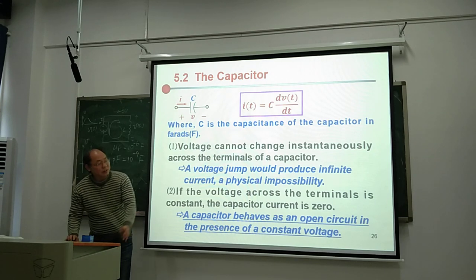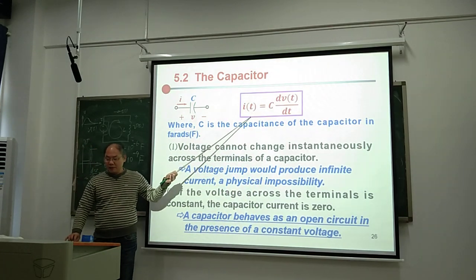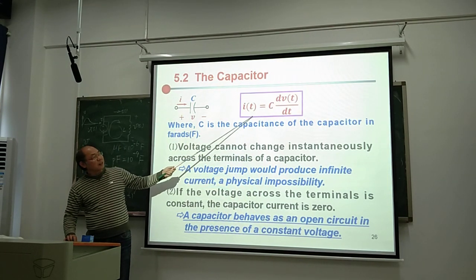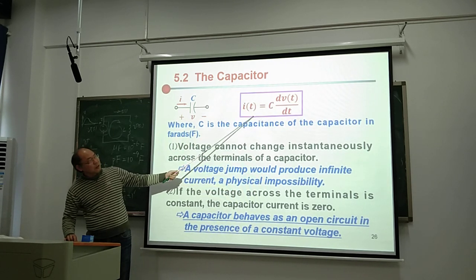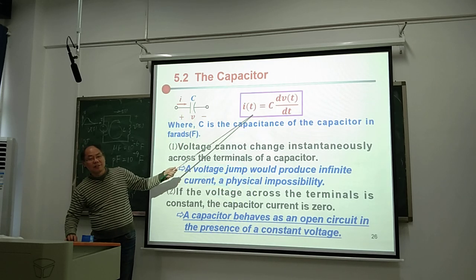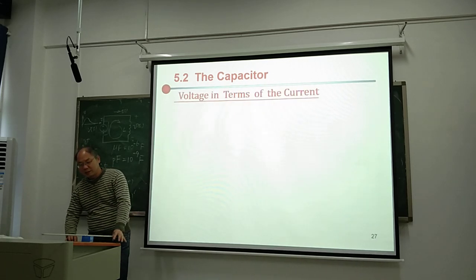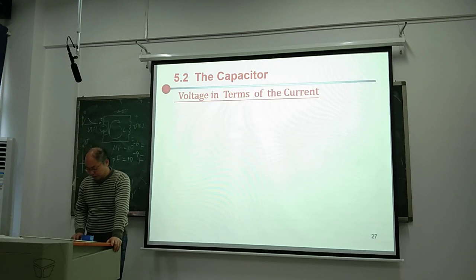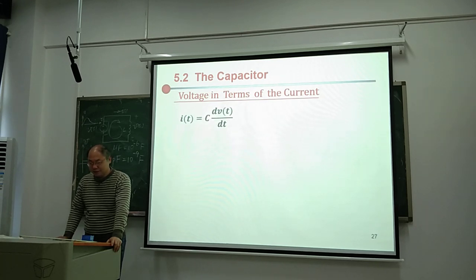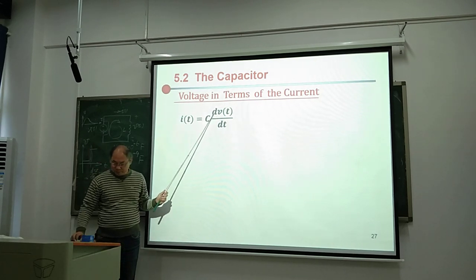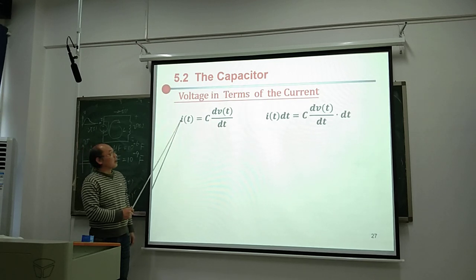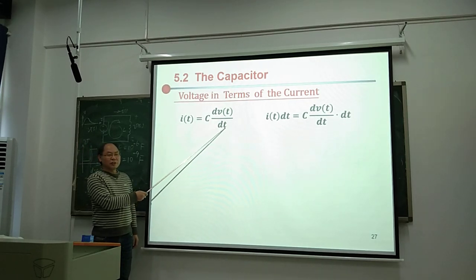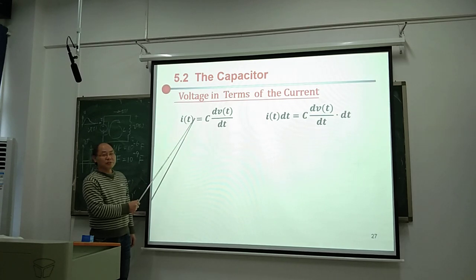So next, let's express the voltage in terms of the current. How is the voltage related to the current? From this, we multiply by the differential time dt on both sides.